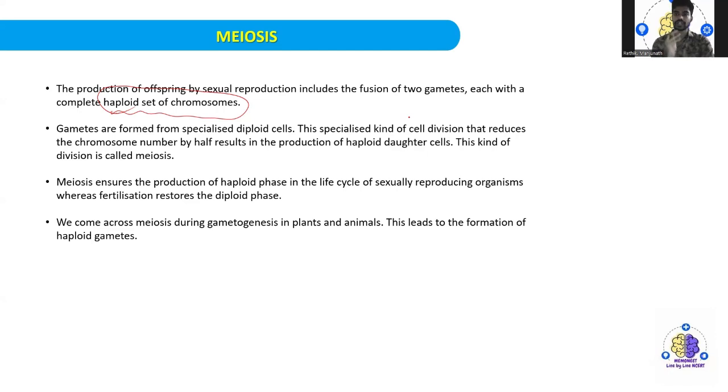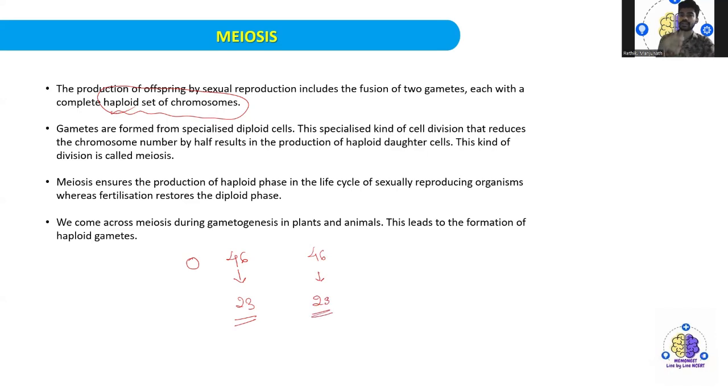Say if there are 46 chromosomes, a reduction division happens. Wherever reduction division is happening, it is meiosis. You will get 23 chromosomes from 46.